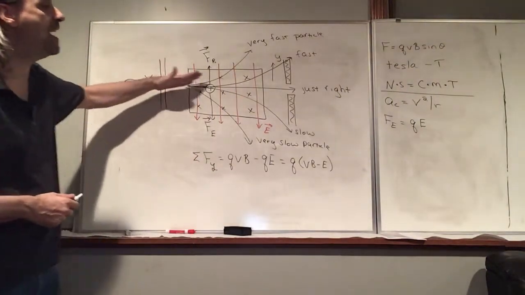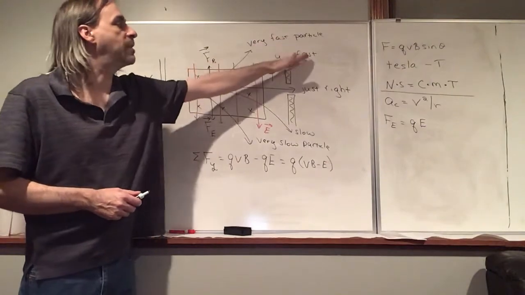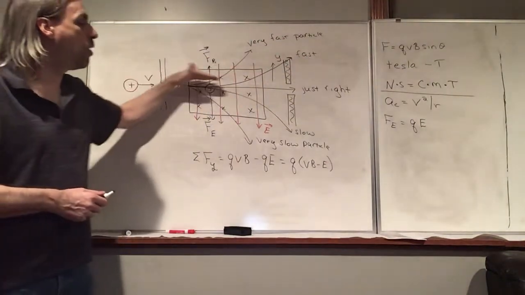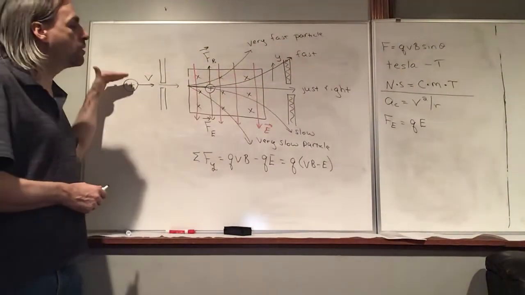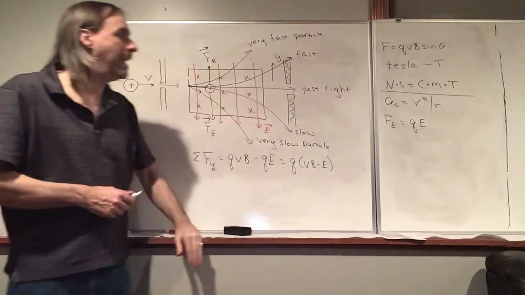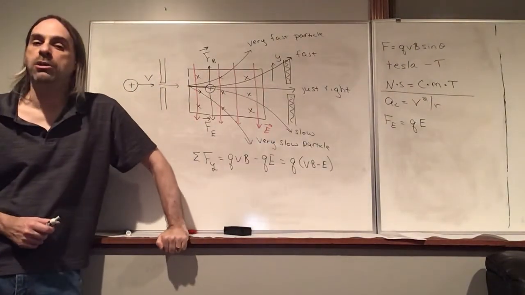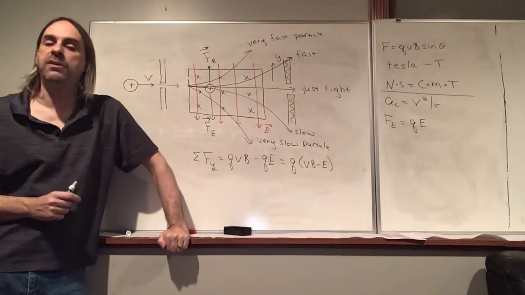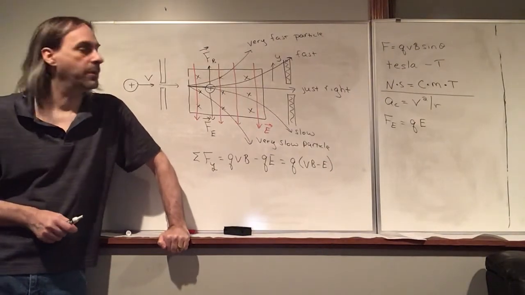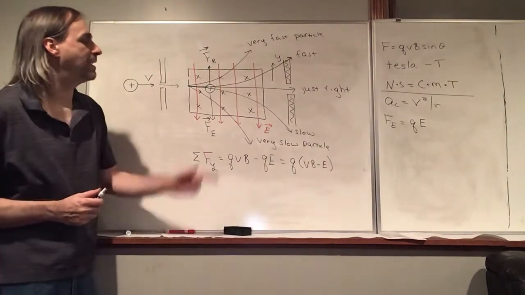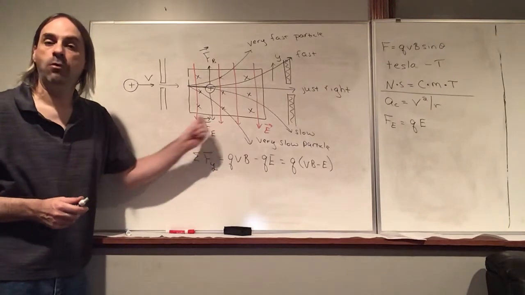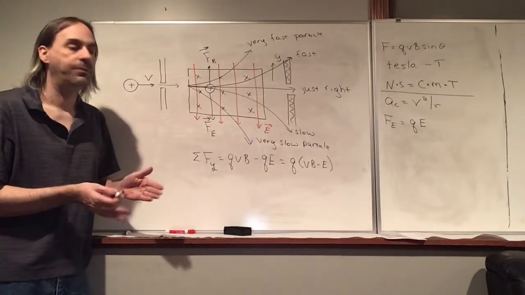Some are going to be going fast, will be deflected upwards and hit this barrier. Some are going to be going slower, they're going to hit this barrier. So we can pretty much fix and just say a particular velocity of particle is going to make it through this velocity selector. And what's required to make this is a constant electric field, which we can make with a capacitor.